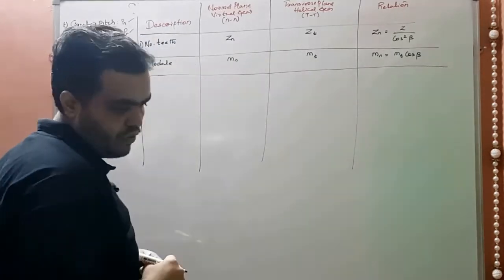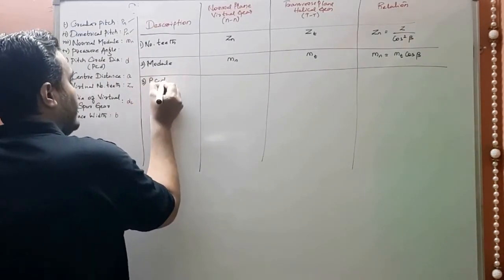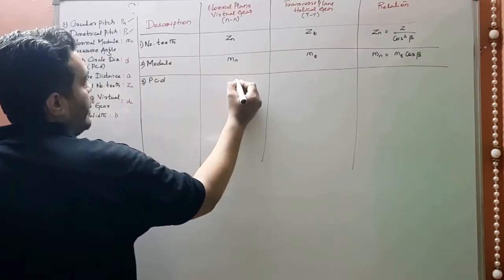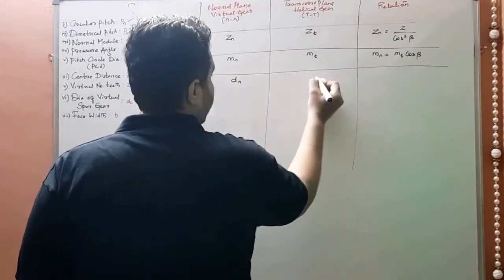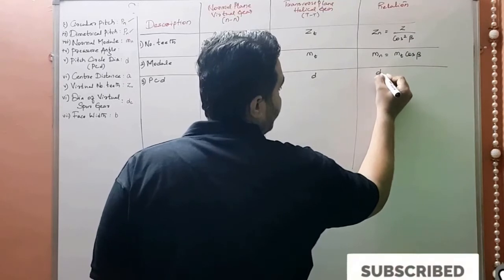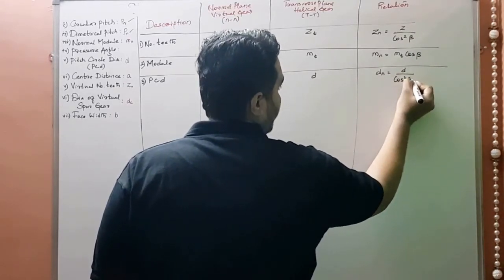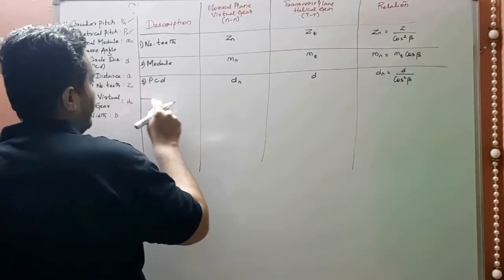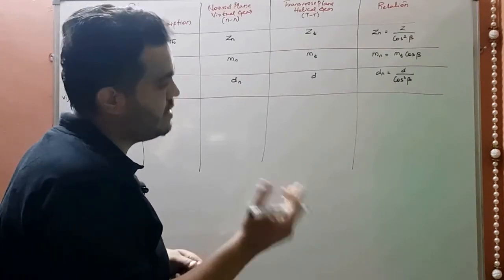Next we have pitch circle diameter, that is D. Sorry, that is Dn, and this is D. How are you going to determine it? Dn is equal to D by cos square beta. So this is how we get the relation between the virtual gear as well as the helical gear.